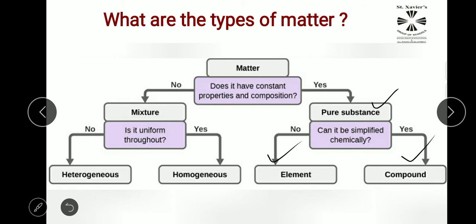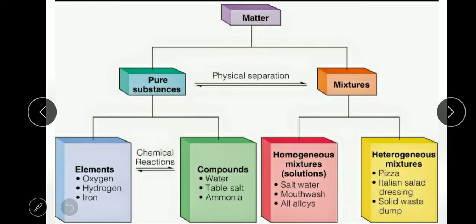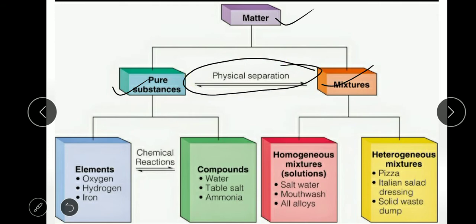Here, see, one more flow chart is there. We have seen that matter is divided into pure substance and mixture, and we can separate a mixture by physical separation, students. If we can separate them by physical separation, then we call it a mixture, and if we can't, it is a pure substance.